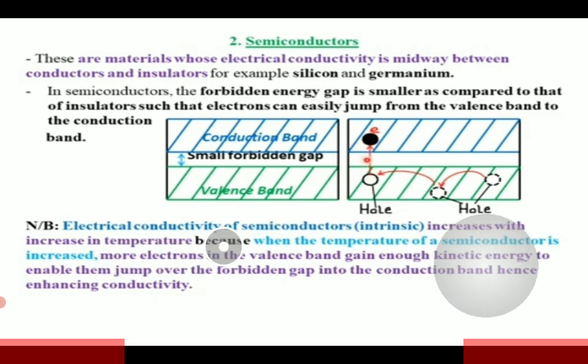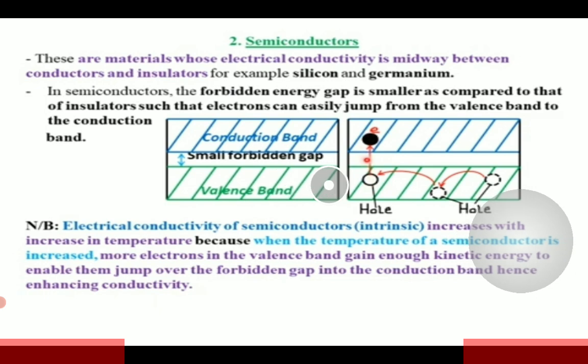So electrical conductivity of semiconductors increases with increase in temperature. Why? Because when the temperature of the semiconductor is increased, more electrons in the valence band gain enough kinetic energy to enable them to jump over the forbidden gap into the conduction band, thereby increasing their conductivity.